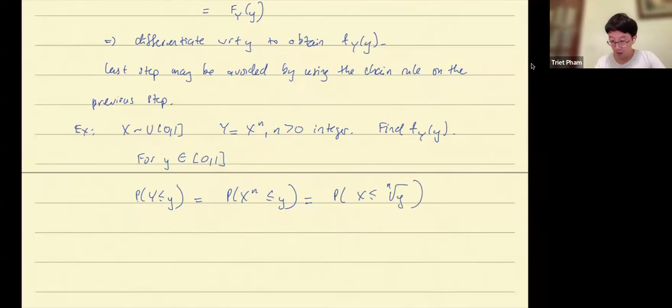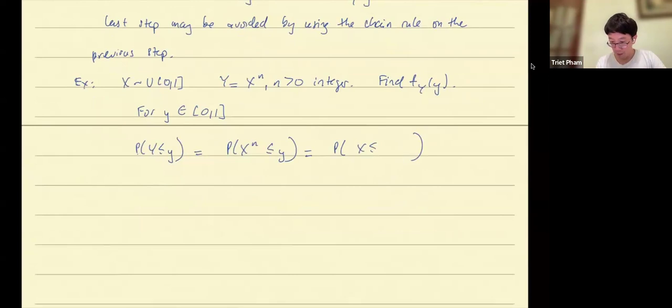Or maybe I should write it as y to the 1 over n, which is the CDF of X evaluated at y to the 1 over n. Okay, so far?